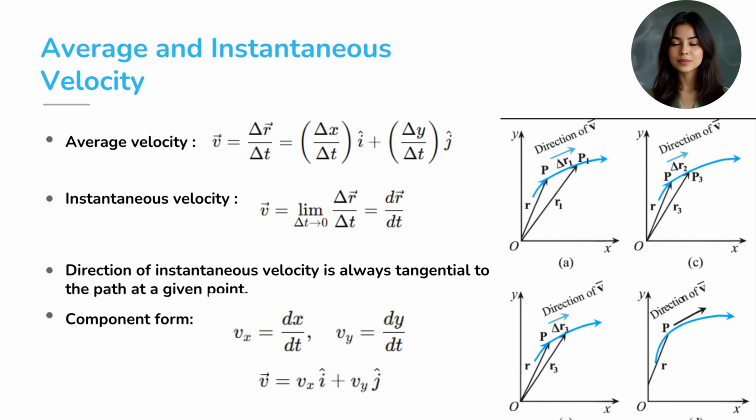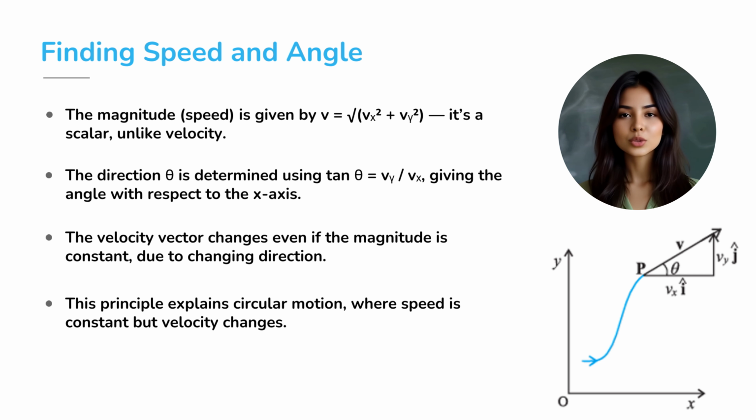When dealing with motion in two dimensions, it's important to separate speed and direction. Speed, or the magnitude of velocity, is given by the formula v equals the square root of v sub x squared plus v sub y squared. Since it has no direction, speed is a scalar, unlike velocity, which is a vector. To find the direction of the velocity vector, we use theta equals the inverse tangent of v sub y divided by v sub x.